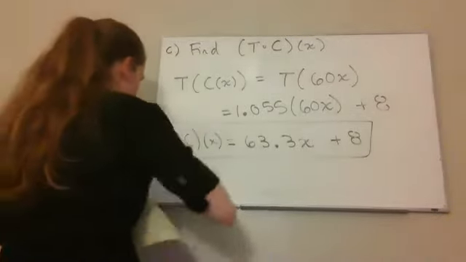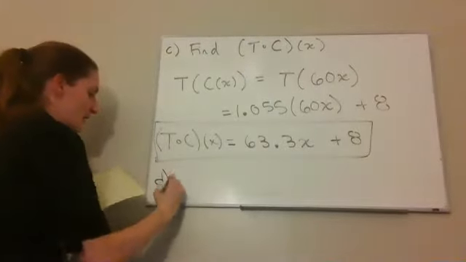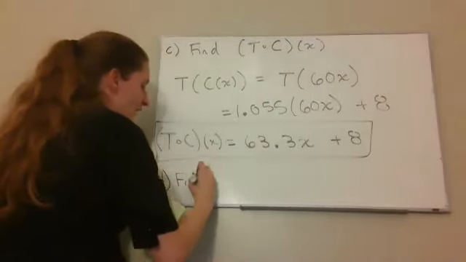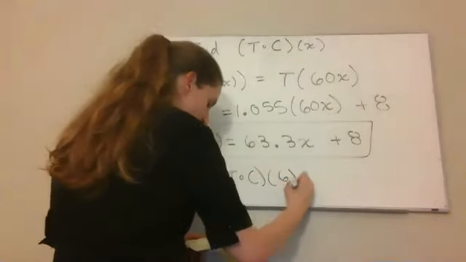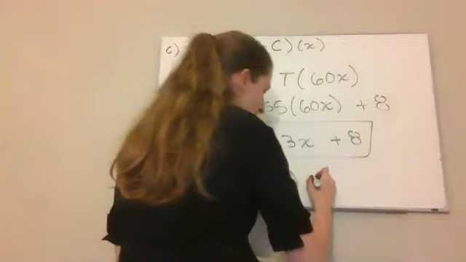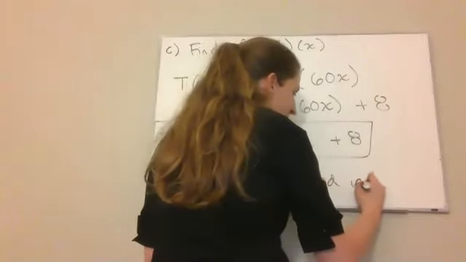I guess I'll write it down here. We'll have part D. Let's find T of C of 6 and interpret the meaning.